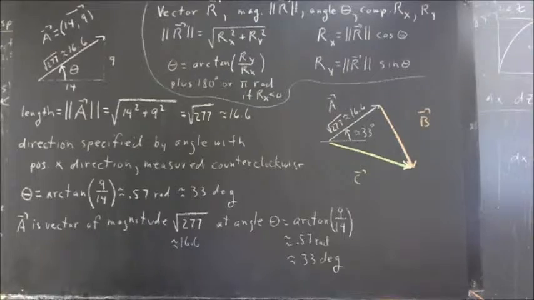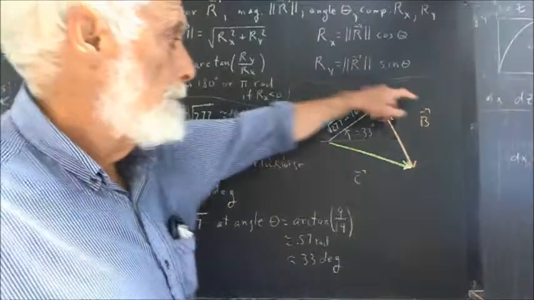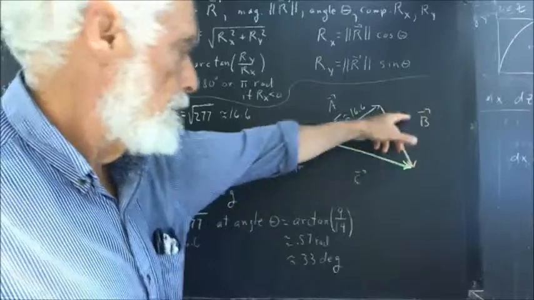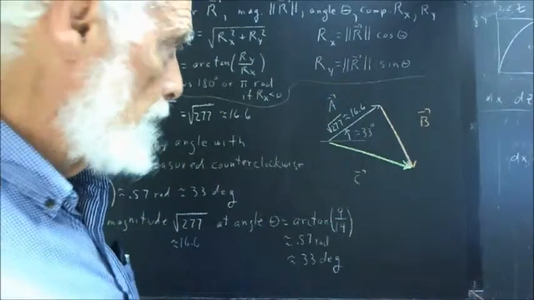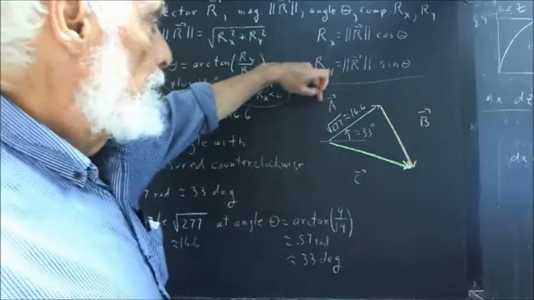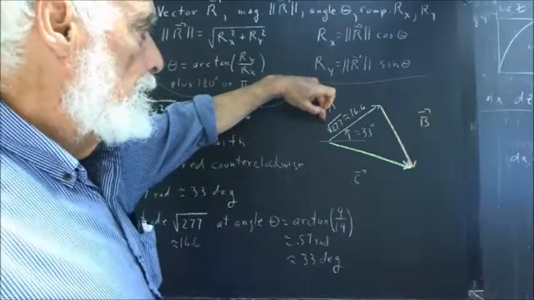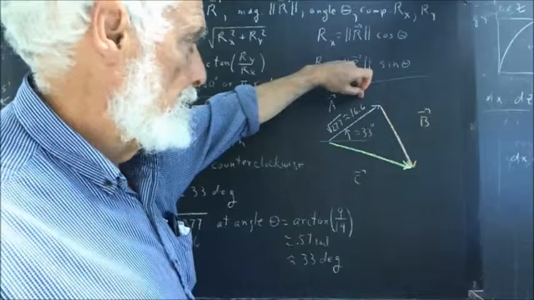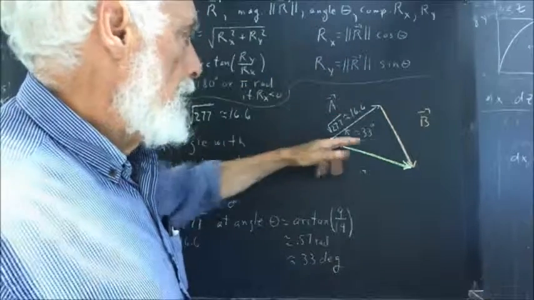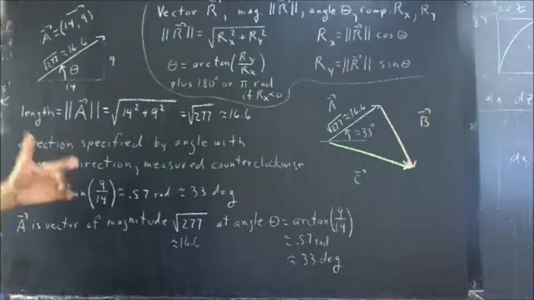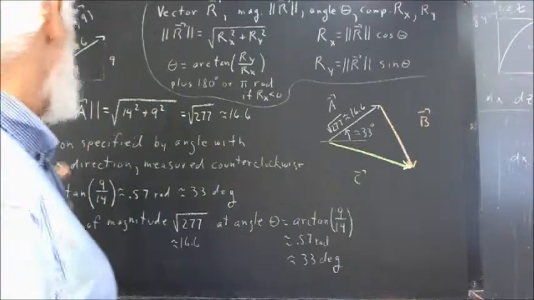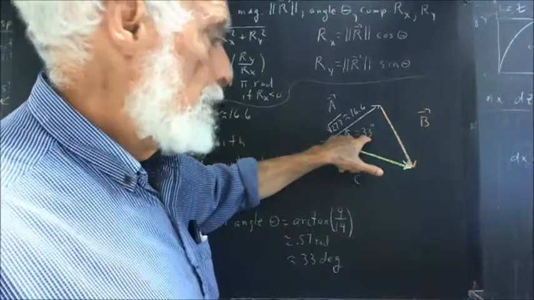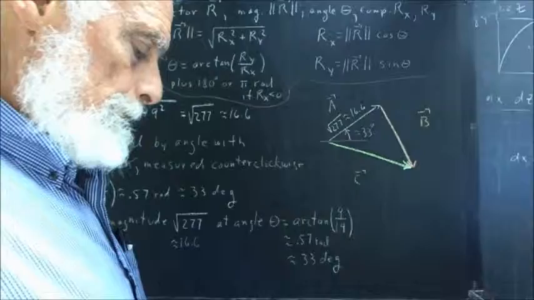Okay, now returning to our vectors A, B, and C, and I've color-coded B and C just so we can keep track of some of the labeling. Remember, A is the vector whose magnitude is the square root of 277, which is approximately 16.6, at an angle equal to the arctangent of 9 over 14, but that's approximately 33 degrees.